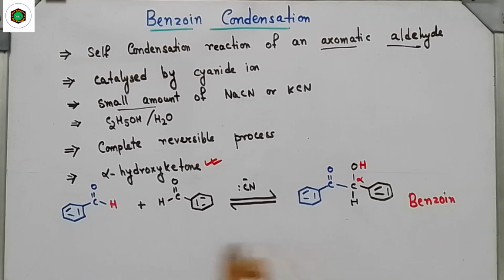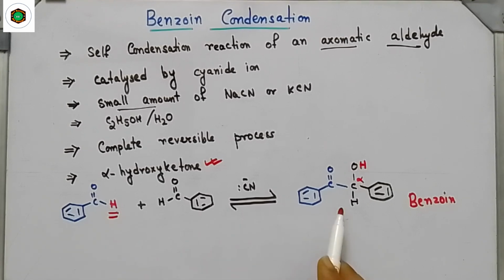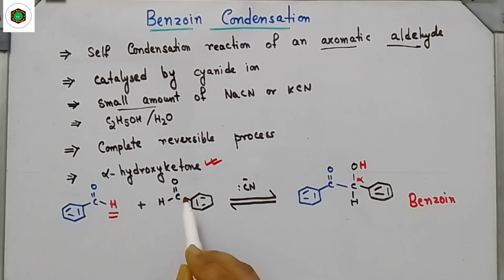Now see here, two molecules of aldehyde are taking part in the reaction, but two molecules of aldehyde react differently. One of them donates the aldehydic hydrogen to the other, because you see in the product here no H is there, aldehydic hydrogen is not there, so it is donating this hydrogen to another aldehyde molecule.